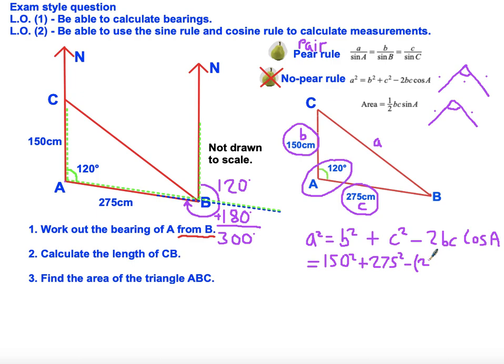It's 2 times 150 times 275. I'm running out of space slightly here, so I'm just going to put this onto the next line before I close my bracket, times cos 120.